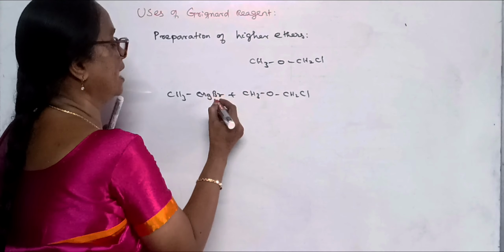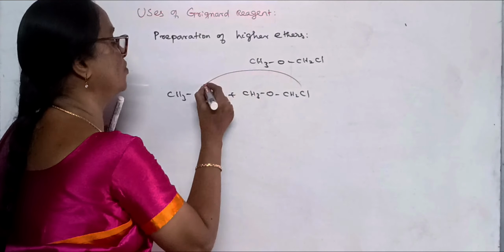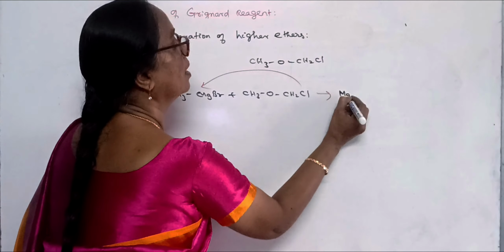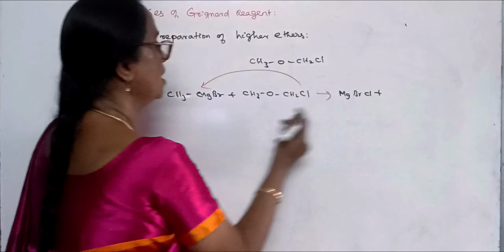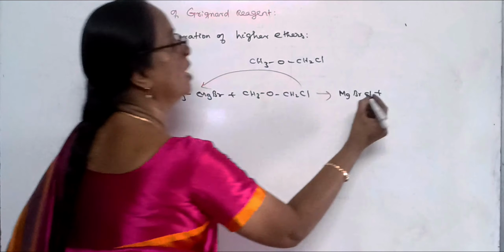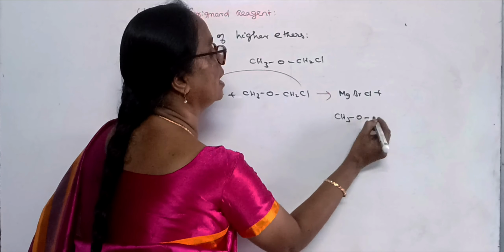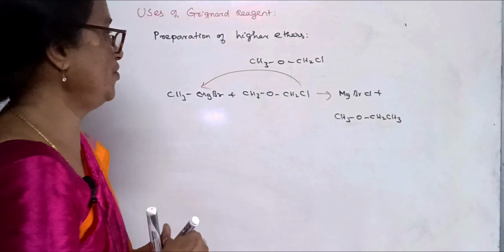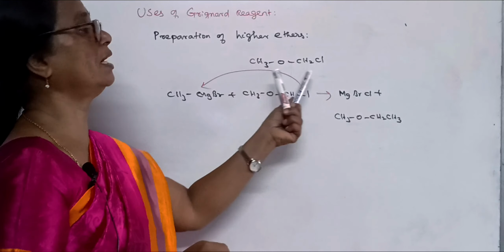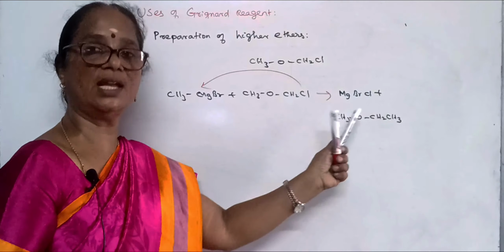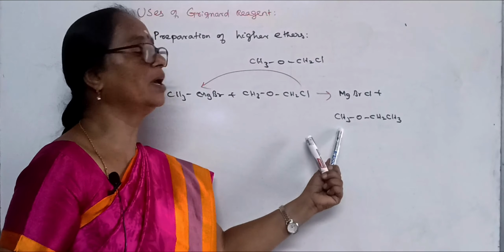In this case the MgBr just adds with halogen, so we will get MgBrCl, and in place of chlorine a methyl is introduced, so the product is CH3OCH2CH3. So if we have a halogen substituted ether, when it is treated with Grignard reagent, it may give rise to the higher member.